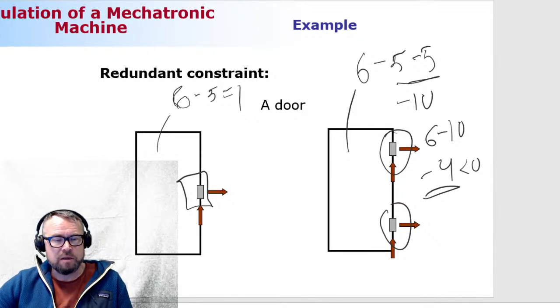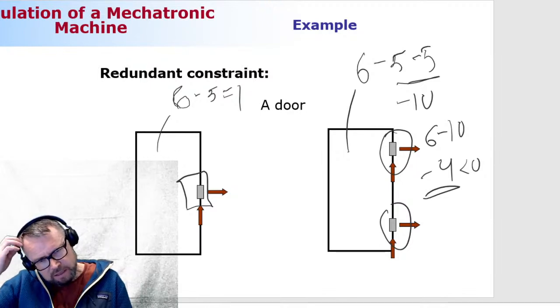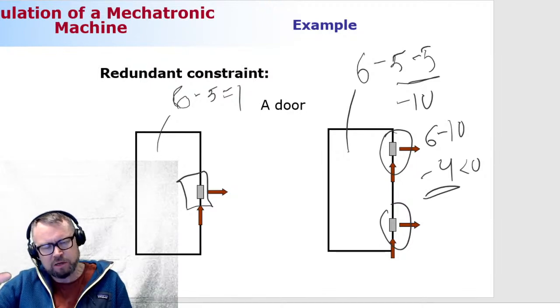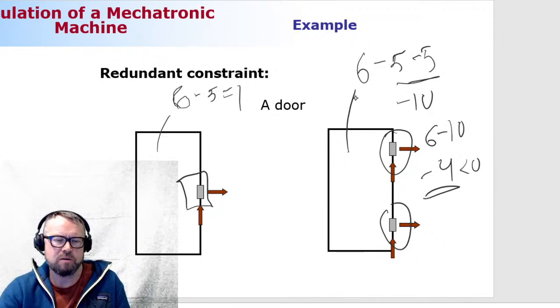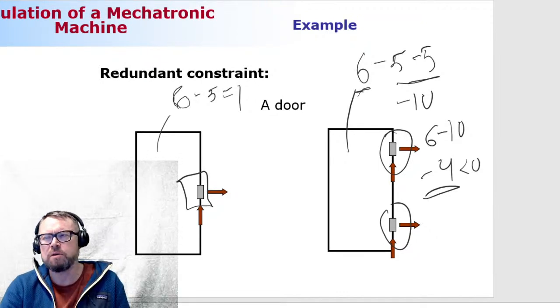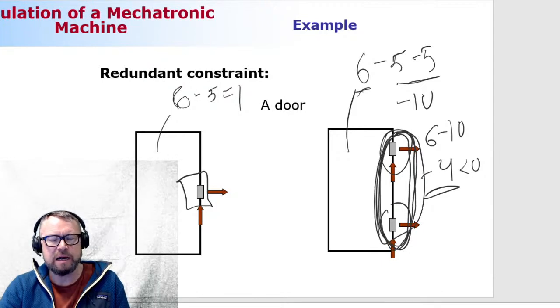Well, there is another kind of explanation for this. The number of degrees of freedom is computed as the number of generalized coordinates minus the number of independent constraints. These constraints are redundant. They're constraining the same degrees of freedom, acting in the same way, so they are not independent.